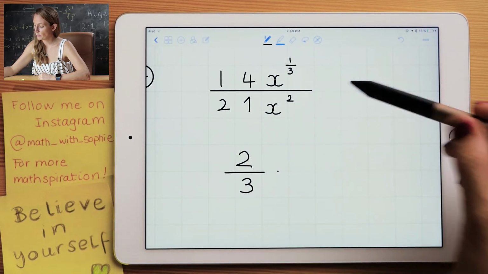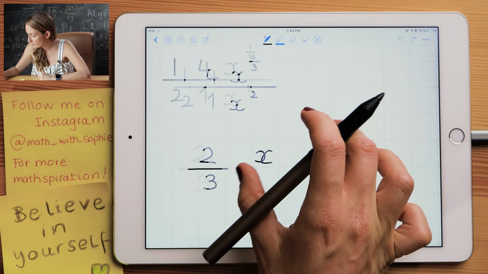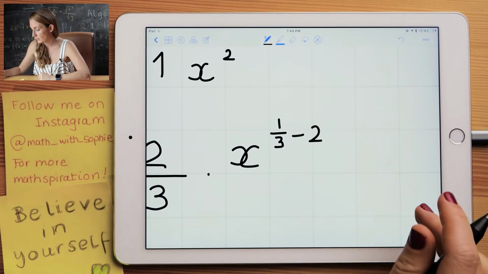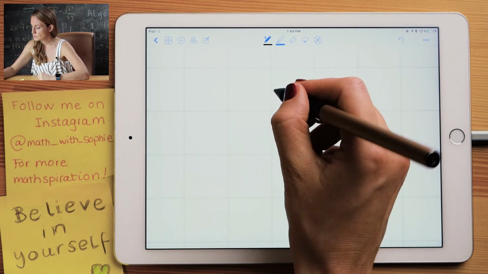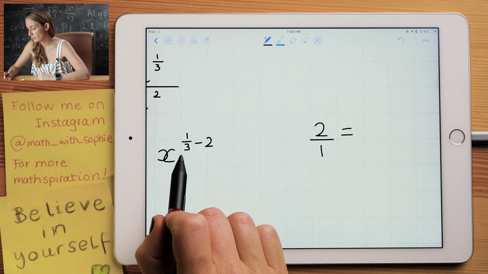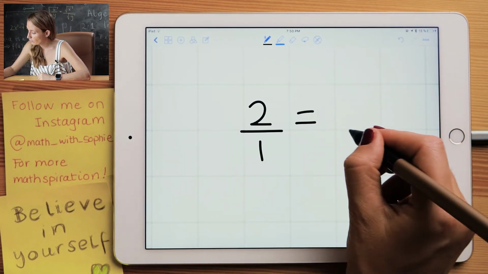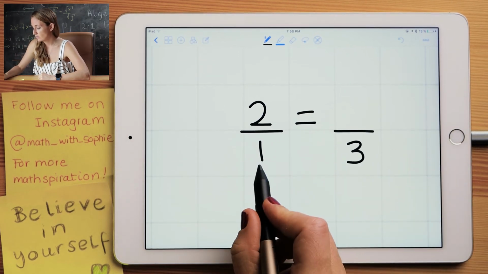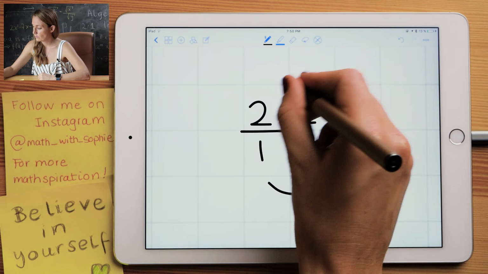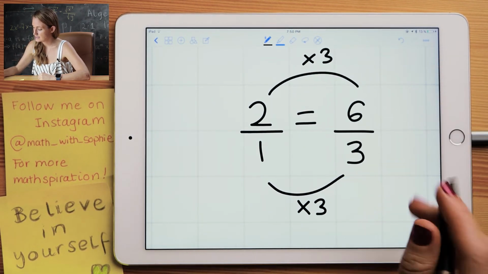In the next step, I'm going to take away the top power, subtract the bottom power. So I've got x to the power of a third, subtract 2. I'm going to work that out on the side. 2, or 2 over 1, we need to have a common denominator. In this case, a common denominator of 3. So I want this to be out of 3. So to get from 1 to 3, I need to times by 3. So I do the same to 2, 2 times by 3, and that gives me 6.